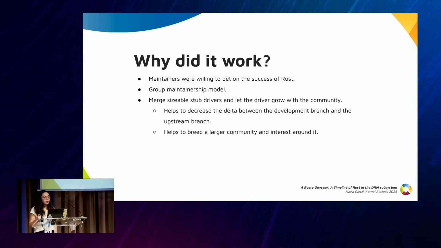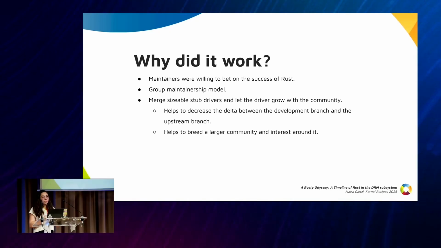And also, there's an interesting thing about the DRM, because the DRM operates in the group maintainership model, which means that we have several committers and responsibilities are a bit shared. So this model really eases the load on top of the maintainer, because the maintainer can share the responsibility, for example, of Rust review, which was a topic that was brought up several times.